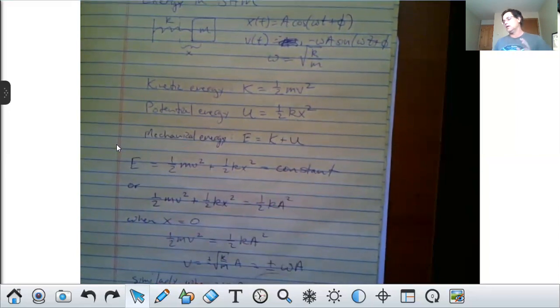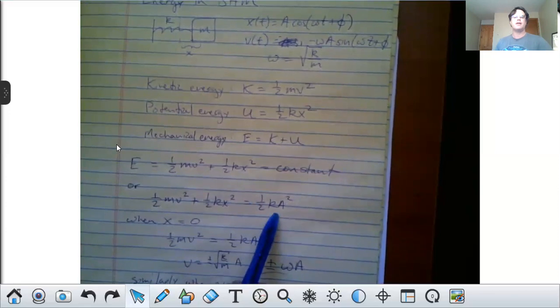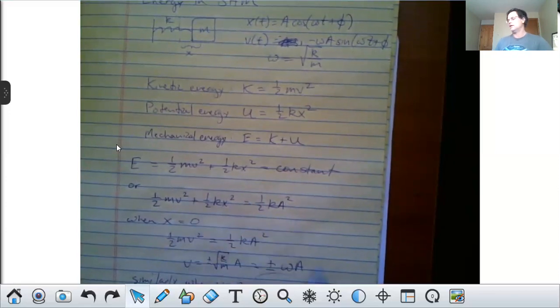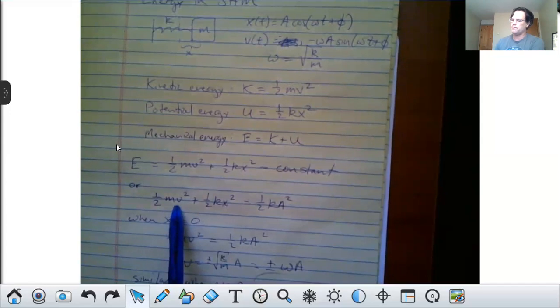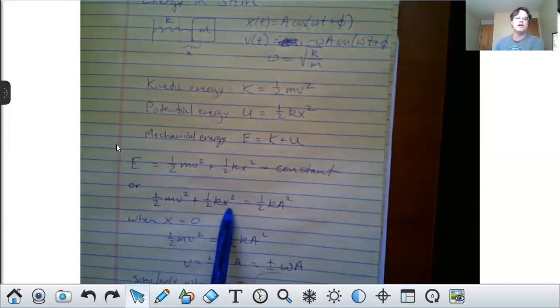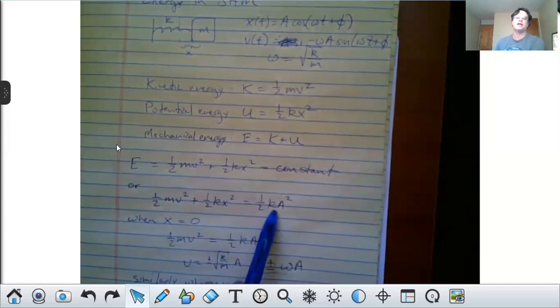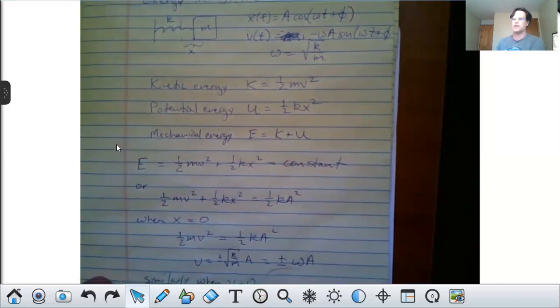Now, the constant, of course, is the same throughout the motion, but you'll see, when you're at the amplitude, the velocity is 0, and you've got all potential energy at that point. So we can write that 1/2 mv squared plus 1/2 kx squared equals 1/2 k times the amplitude of the motion squared.